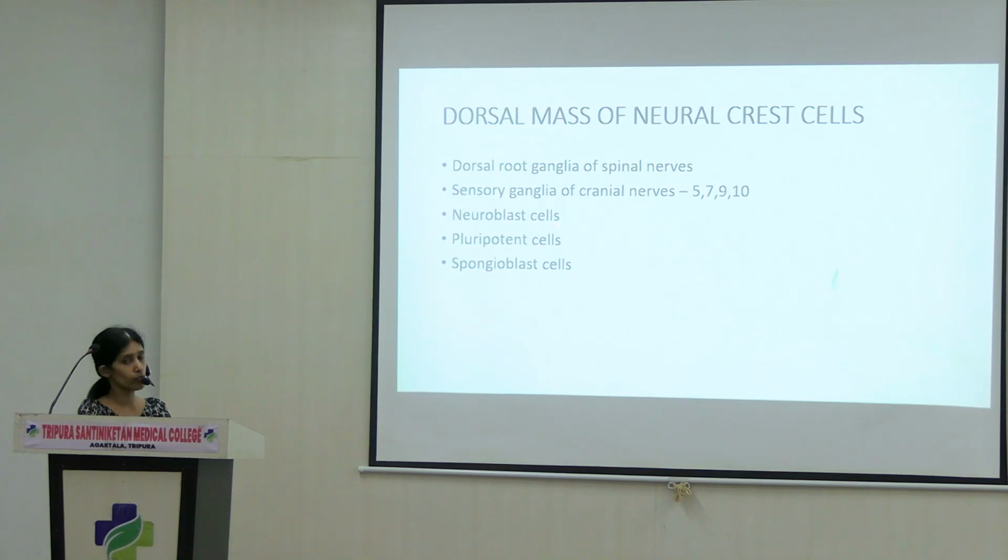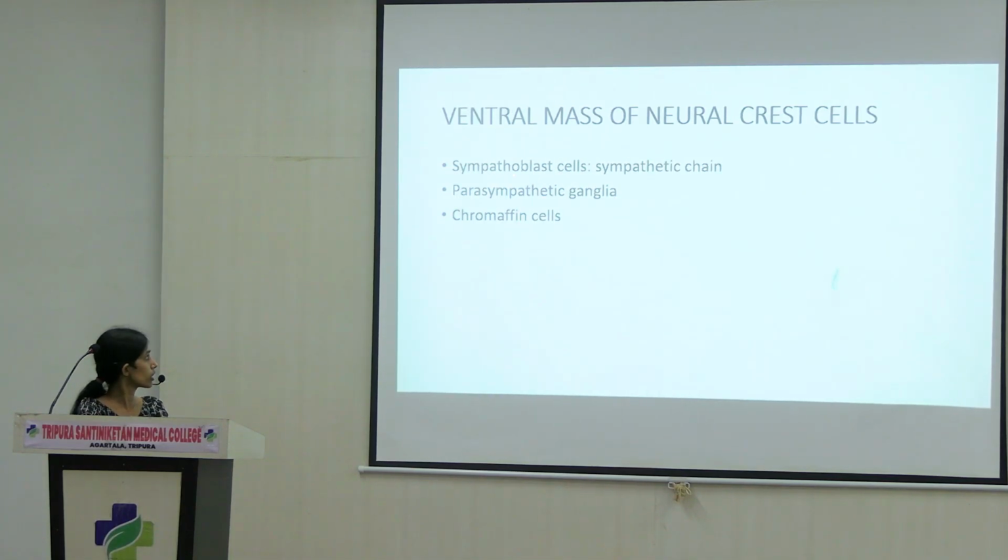It also forms a few cells, that is neuroblast cells, pluripotent cells and spongioblast cells. Okay. Ventral mass cells will give rise to sympathoblast cells, that is it will later form your sympathetic chain part, followed by parasympathetic ganglion and chromaffin cells.